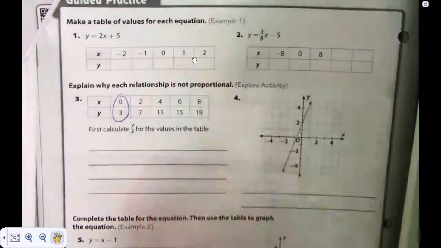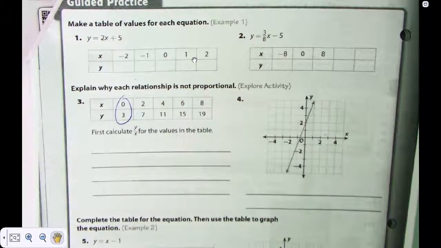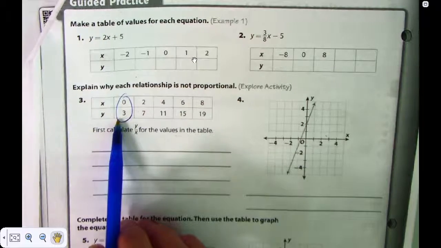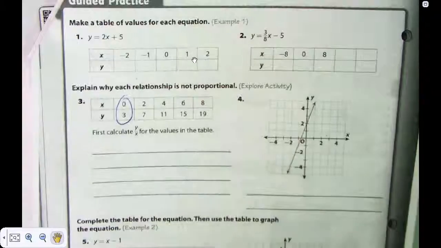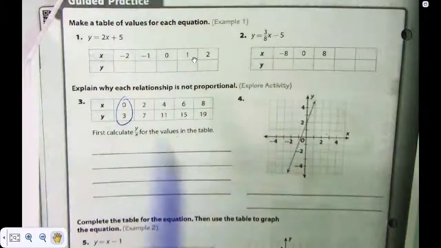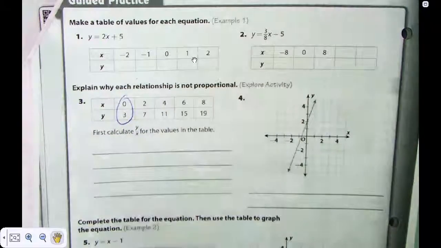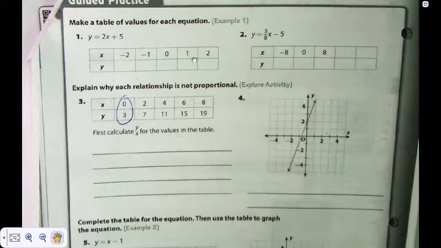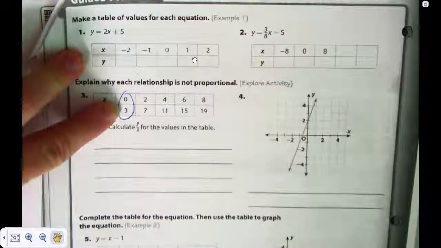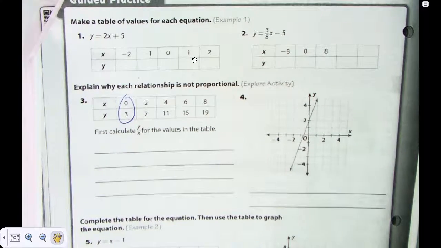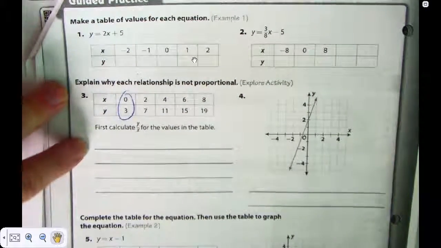It starts at 0, 3. What does it need to have to be proportional? 0, 0. Now, that's not the only thing. We have to find out if it's linear, but that's at least a step in the right direction. I know that's not proportional. Now, it might be linear, though, and I want to see that in just a second.